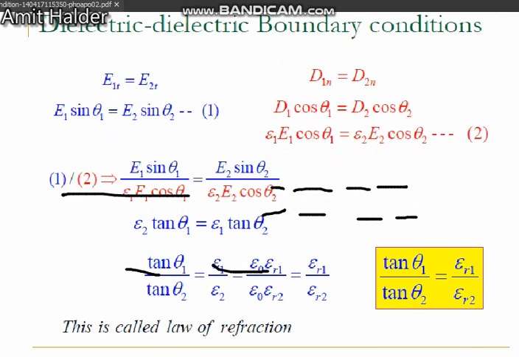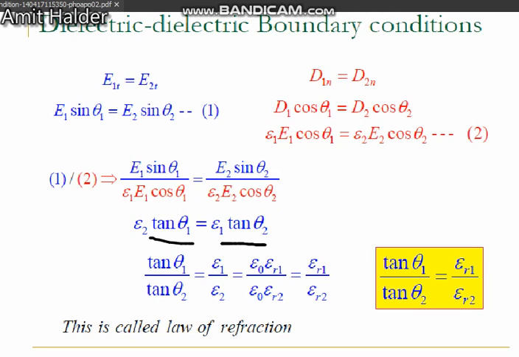By this we can get tan theta 1 and tan theta 2, 1 by epsilon 1 goes through to there, 1 by epsilon 2 goes through to there: epsilon 2 tan theta 1 equals epsilon 1 tan theta 2.